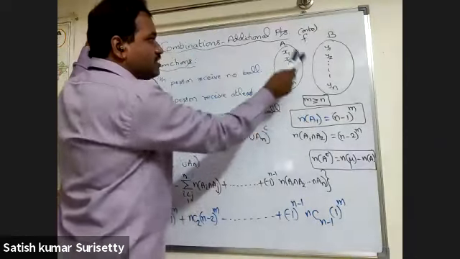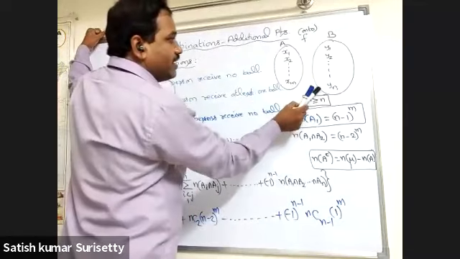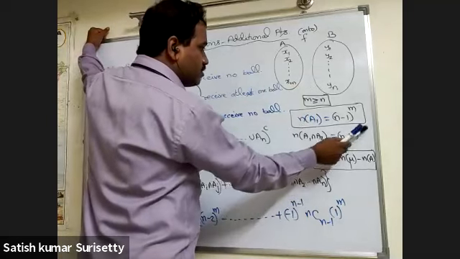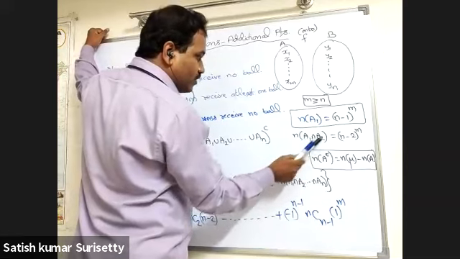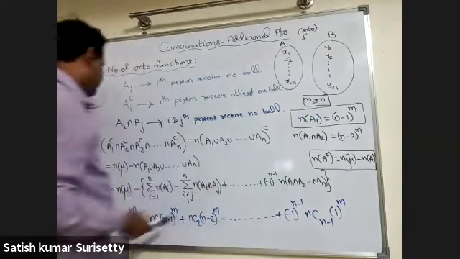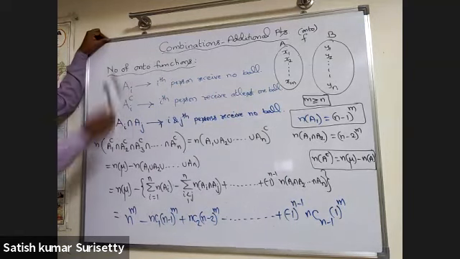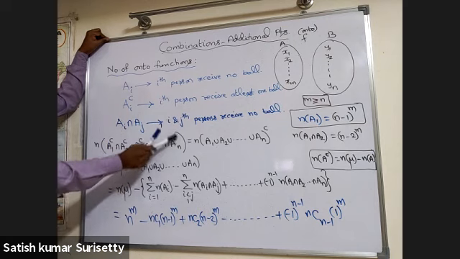That means m balls you are distributing to the remaining n minus 2 persons. So the first ball can be taken by any of the n minus 2, the second ball also any of n minus 2. That means it will be (n minus 2) to the power of m. Not only first and second, even first and third, first and fourth, also it will be the same. Now, as per the definition of onto functions, in terms of the set notation, the number of onto functions can be written as n of A1 complement intersection A2 complement intersection A3 complement and so on intersection An complement.